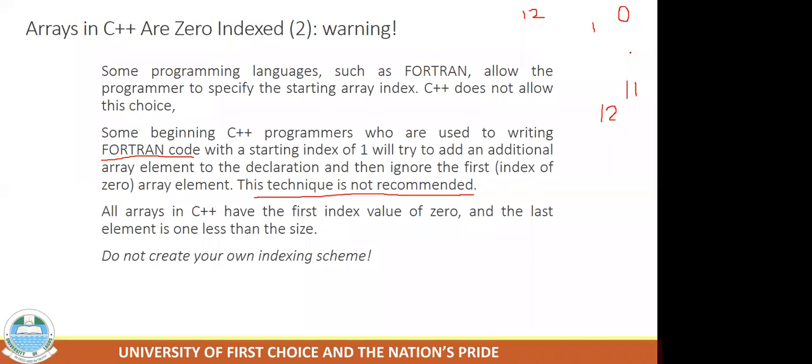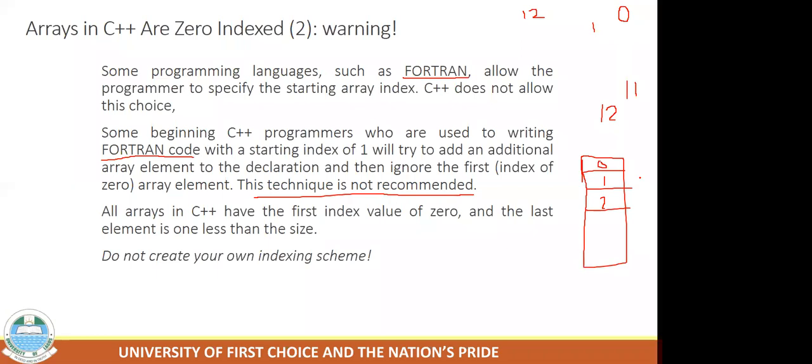0 is a number. So what those with Fortran experience do is start with 1, neglecting the variable with 0. If we have boxes, in C++ it starts from 0, followed by 1, followed by 2, and the rest.